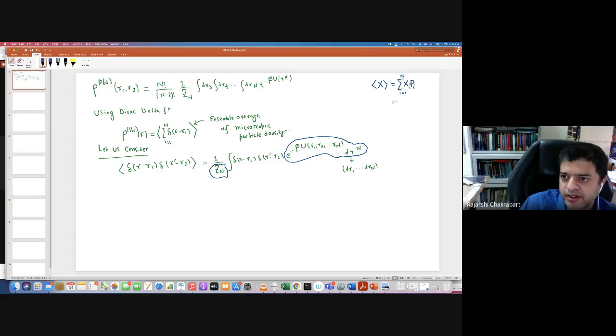And if it is an integral, then you do it like this, divided by, of course, the integral of p(x) dx, which is Zn. Because Zn, you remember what is the definition of Zn? It is the configurational integral.